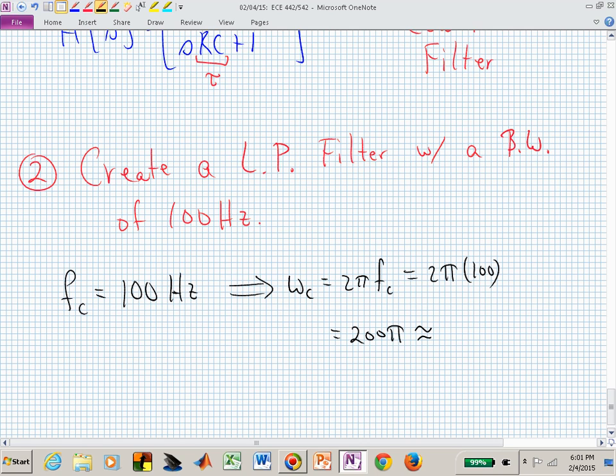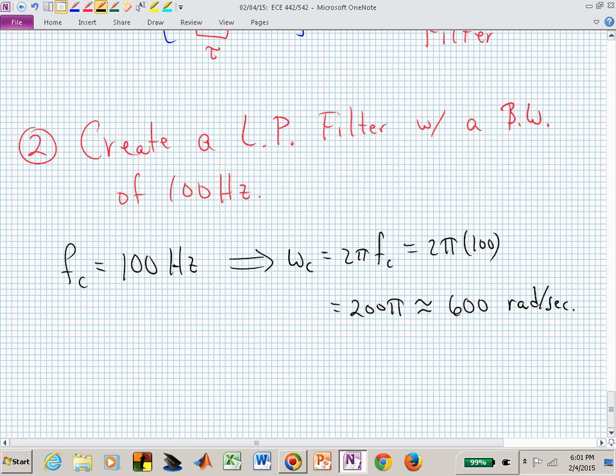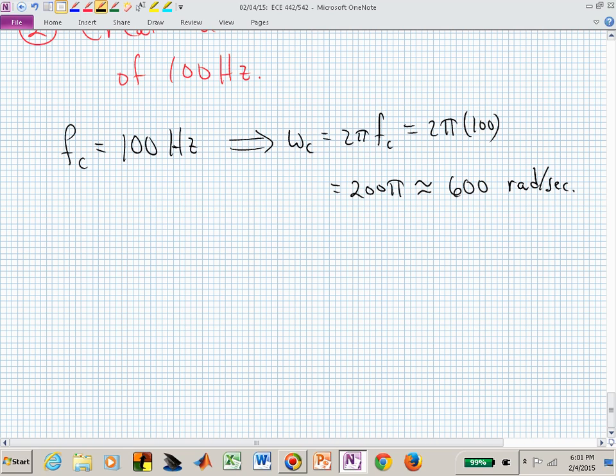I know that'll make you nervous and anxious, but let's just approximate pi as 3 and just say that's 600 for omega c. That's what we want for a cutoff frequency or a break frequency, and that's going to be available to us from the denominator.